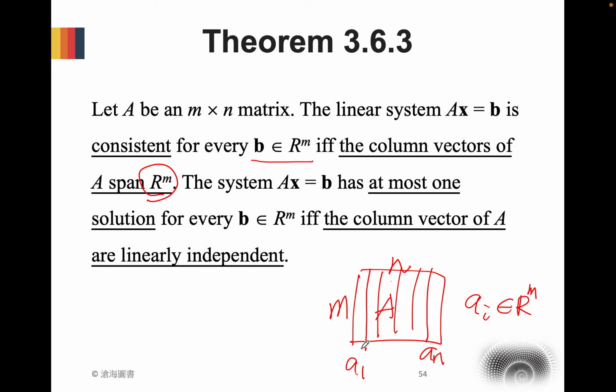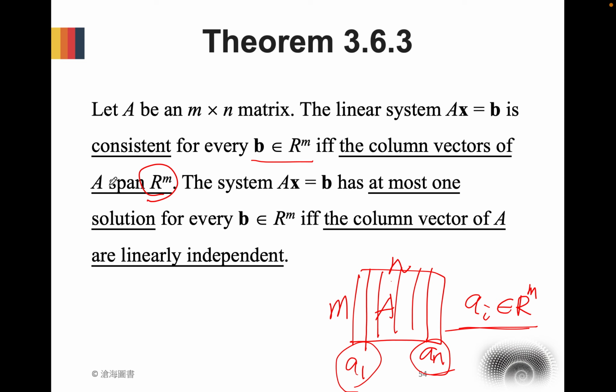That means a1, a2 to an can span Rm because part of them, for example, m of these n vectors are linearly independent. So if these n column vectors can span Rm, that means any m dimensional vector can be in the column space of A.